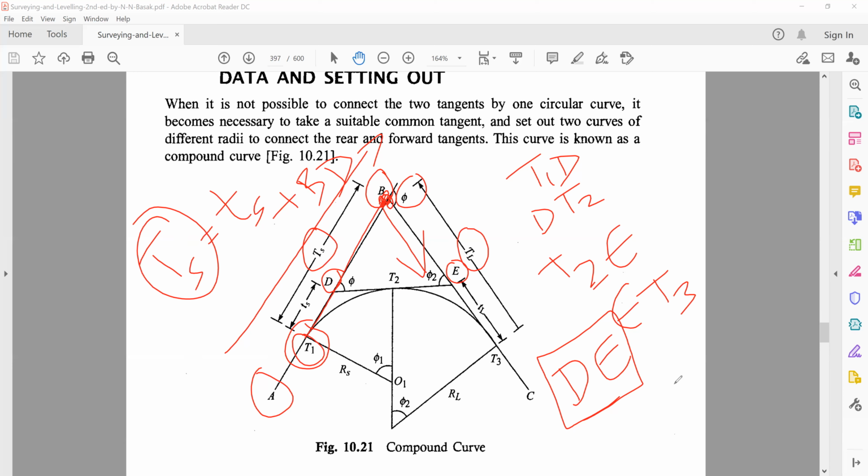So that's not a big problem, but you can calculate the distance again, and you can find out this point T3. And then by using this tangent T1B, you can start laying out the first curve until you reach the point T2. And then from the point T2, you can start laying out the second curve. So that is why it's important that we find out all of these things.